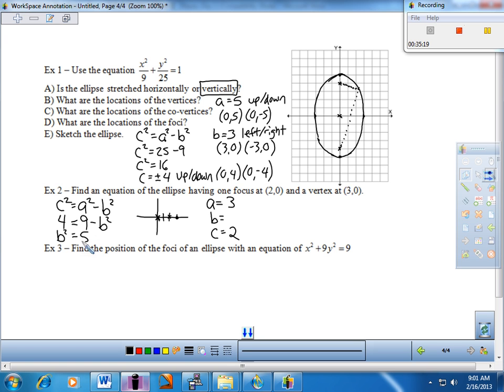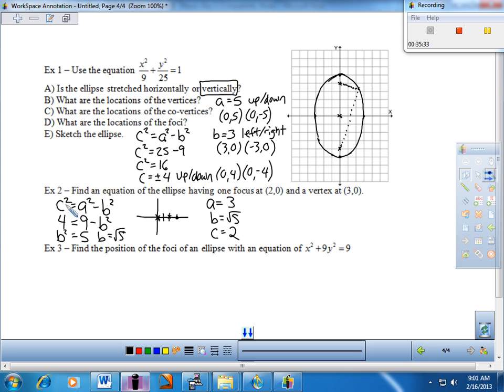I'm hoping you see b squared equals 5, which is what we're going to need. If you want to write b equals square root of 5, that's fine, but that's above and beyond because we don't really need b, we need b squared. Regardless, we've got them.